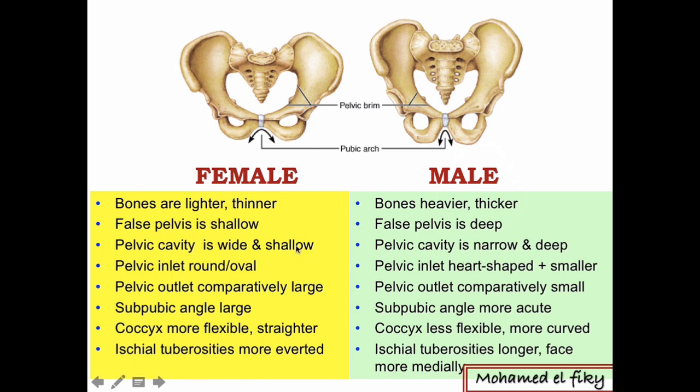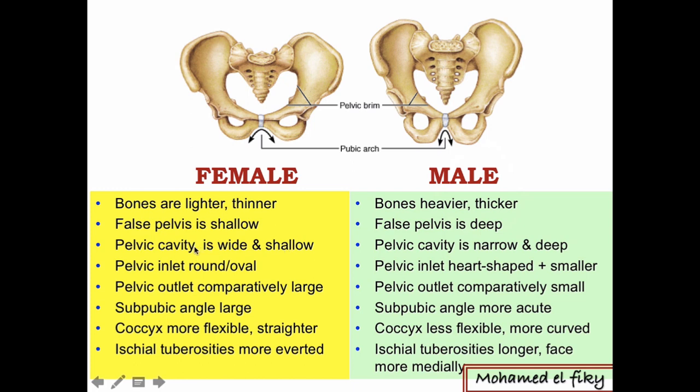This point is very important. Why? During delivery, for the baby to pass easily through the birth canal in the female, it must be a wide cavity and a shallow cavity.